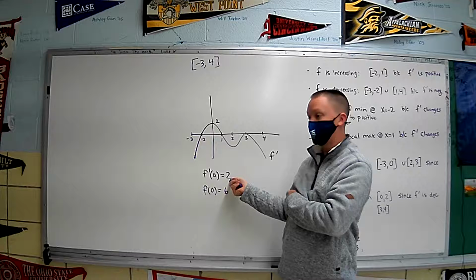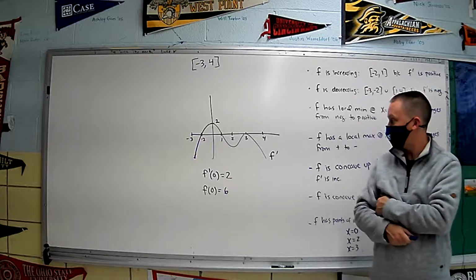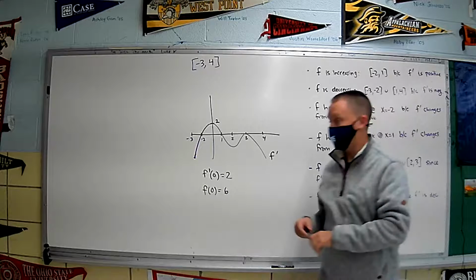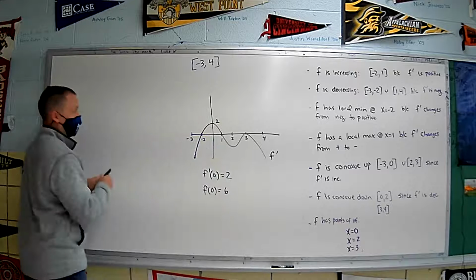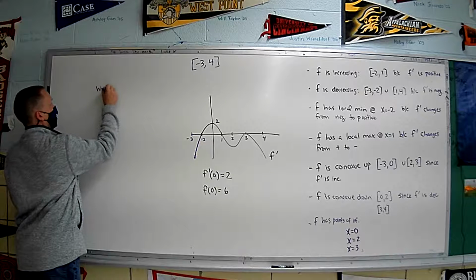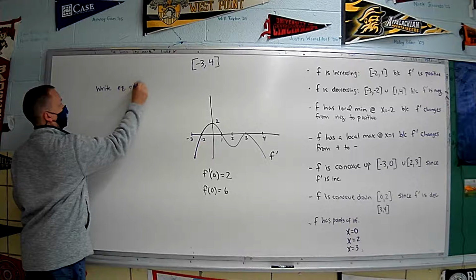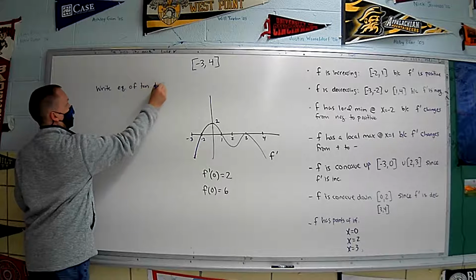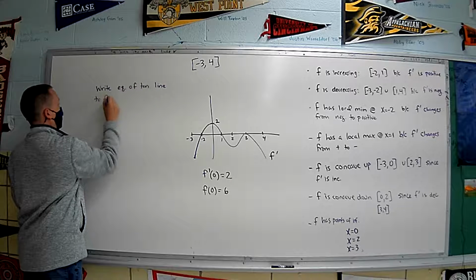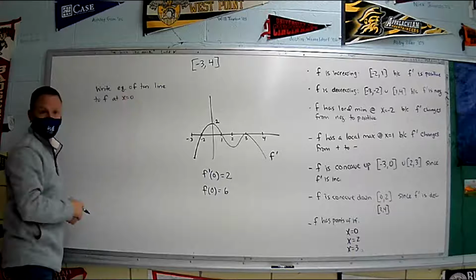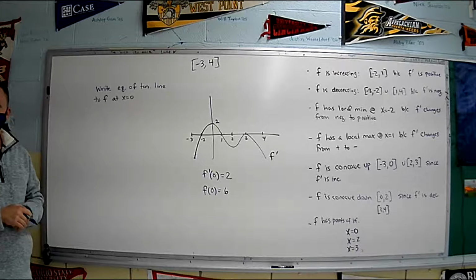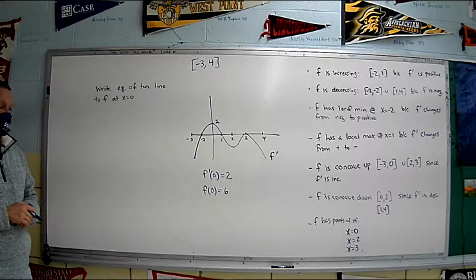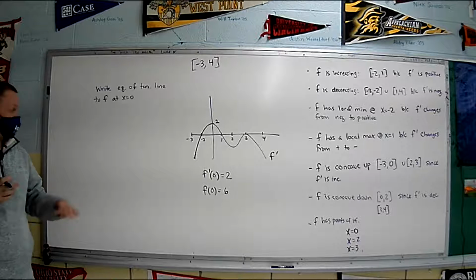Where do you get -4? I don't know. So the thing I want you to do is write the equation of a tangent line to f at x equals 0. In order to do that, you need a point and a slope. You have them now.